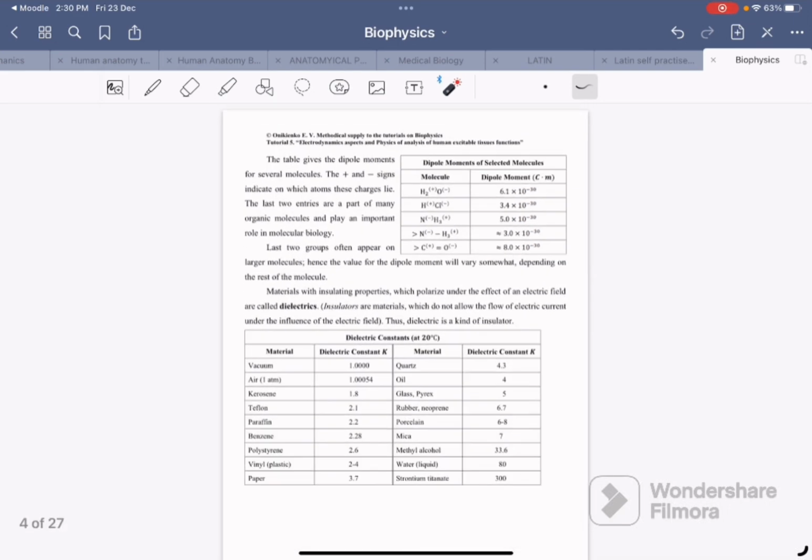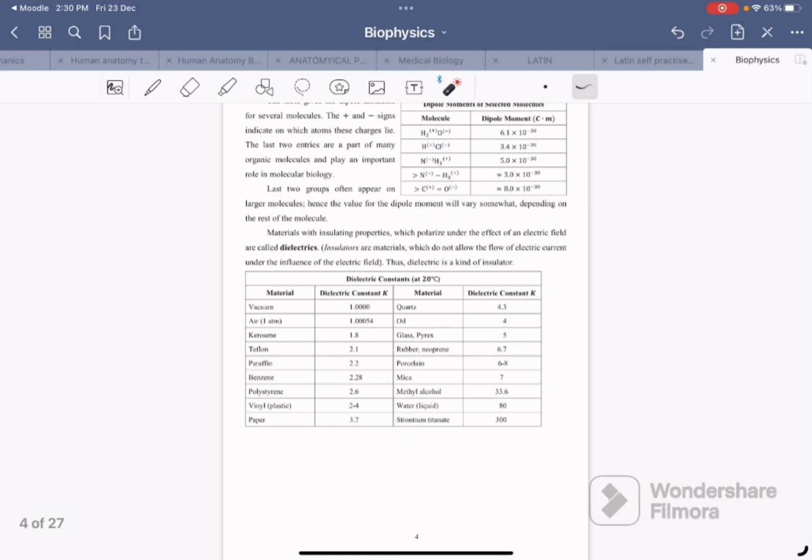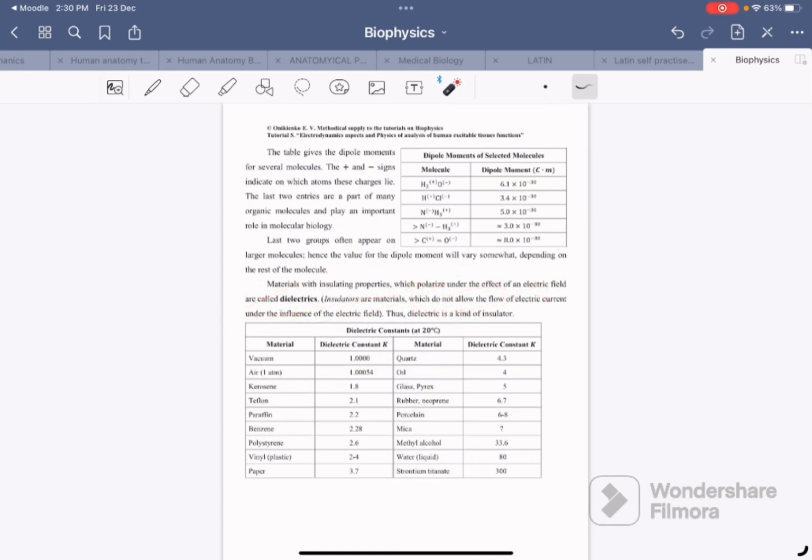After that, we're going to discuss the dielectric concepts. This one is the most important part. Materials with insulating properties, which means no electric current passes through those substances, would polarize under the effect of an electric field. Suppose an example insulator is wood.